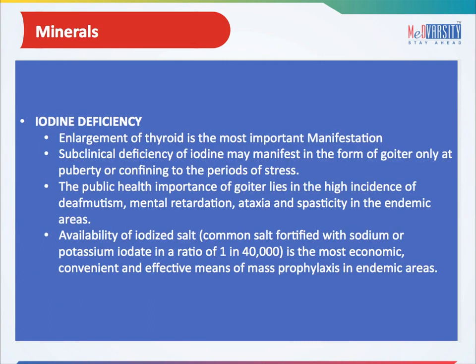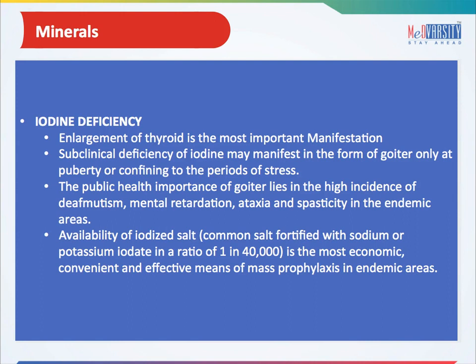Iodine deficiency. Enlargement of the thyroid is the most important manifestation. Subclinical deficiency of iodine may manifest in the form of goiter only at puberty or confined to the periods of stress. The public health importance of goiter lies in the high incidence of deaf mutism, mental retardation, ataxia, and spasticity in the endemic areas.